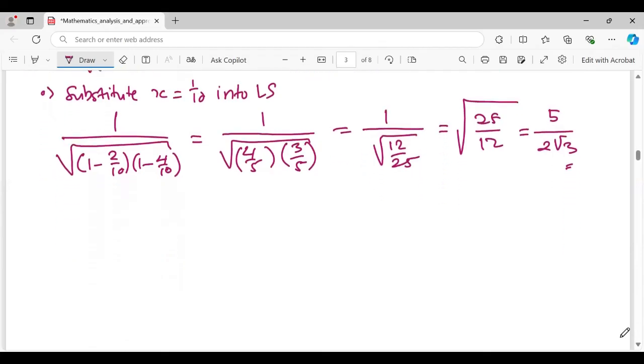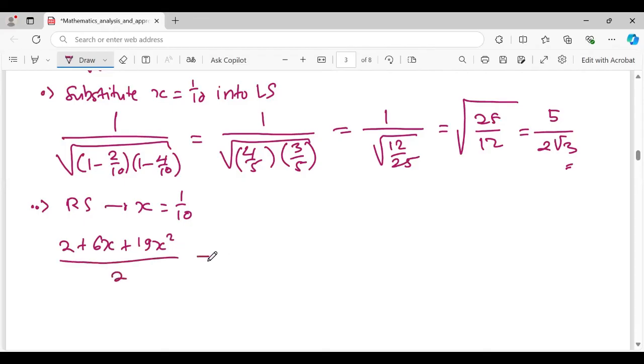Okay, this is for the left side. Next, for the right side, substitute also x equals 1 over 10 into the right side. So the right side is 2 plus 6x plus 19x squared over 2. So it is going to be 2 plus 6 times 1 over 10 plus 19 times 1 over 100, over 2.